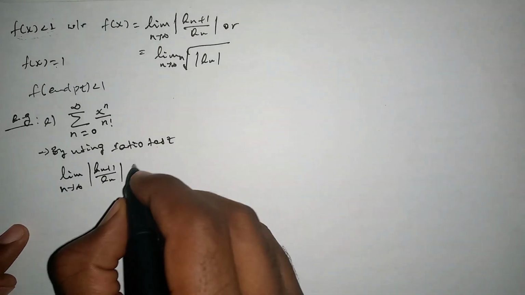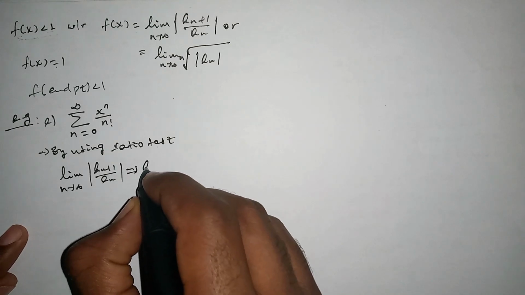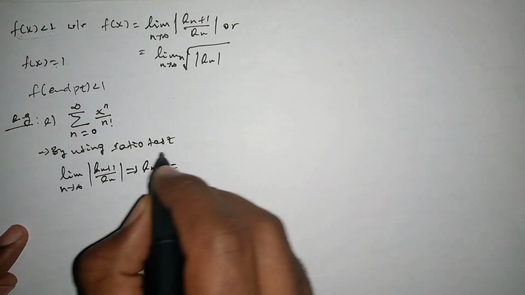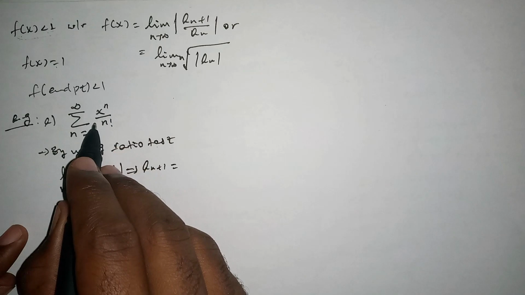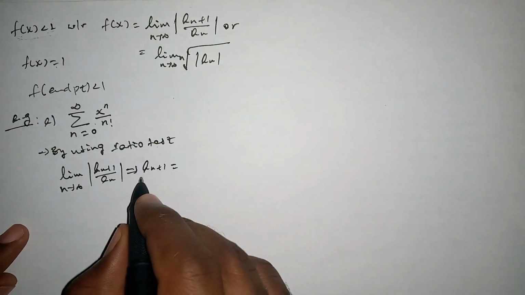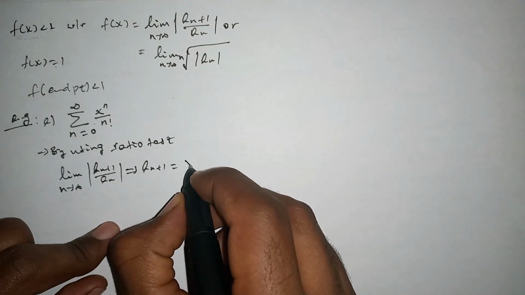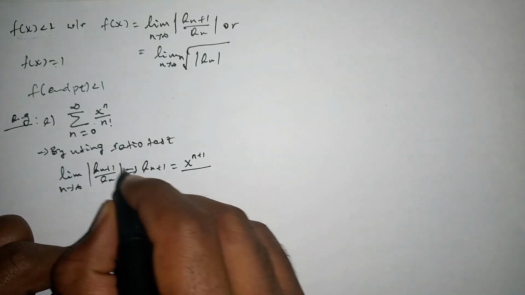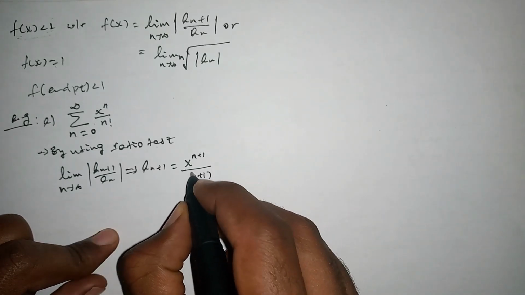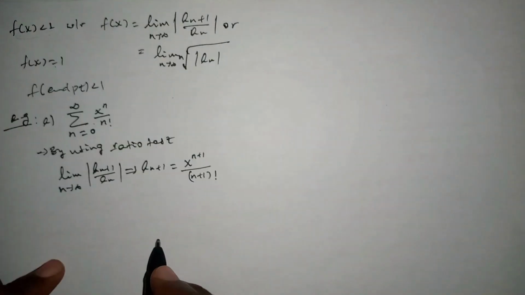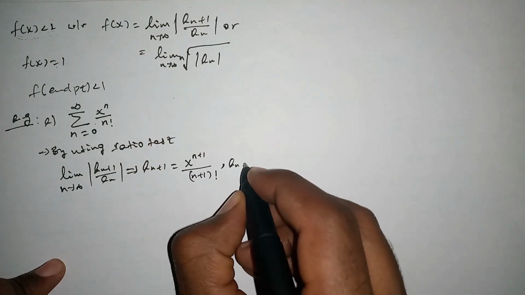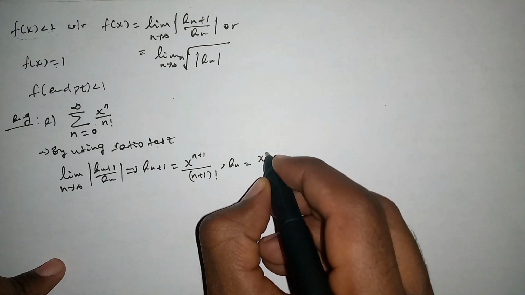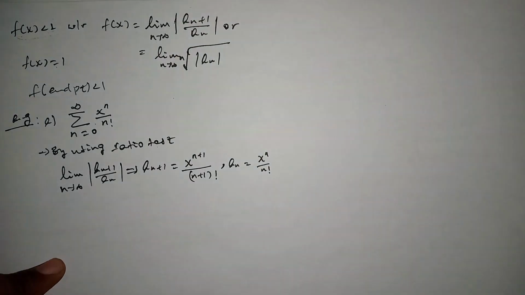From this we have a n plus 1, and this is a n. So we have a n plus 1 equal to x raised to n plus 1 over n plus 1 factorial, and a n is equal to x power of n over n factorial.